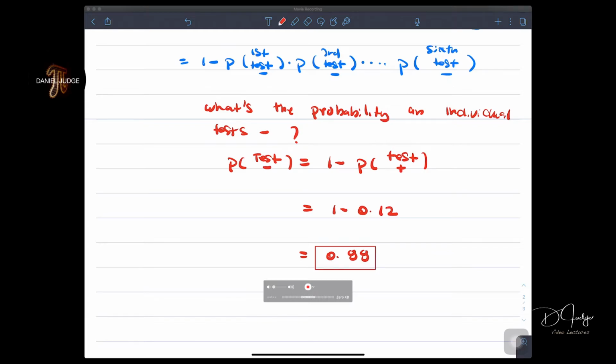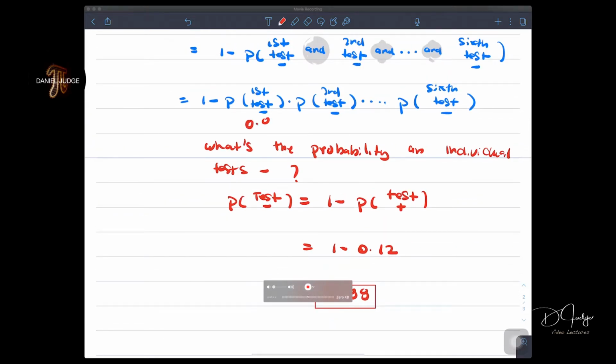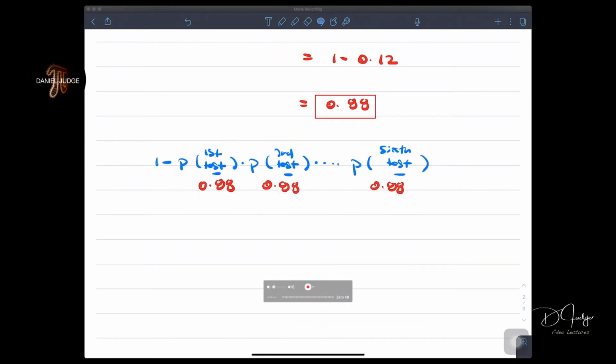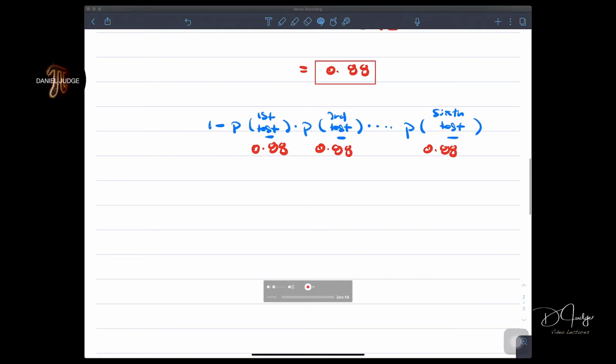So we use the complement rule because this is now 0.88. And this is 0.88. And you end up getting here, at the end of the day, 1 minus 0.88 to the 6th power, which would be approximately a value.